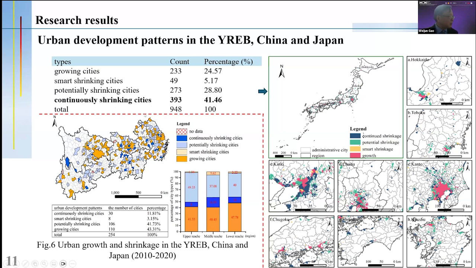It means population decrease and population density decrease, a very big share, right? And about China, we still have growing cities, more than 43%. So we can see the continuous shrinkage and the potential shrinkage occupy the highest proportion in Japan.